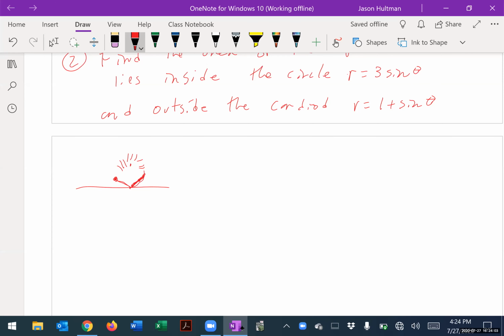So this is a circle. Oops. Circle. There we go. Okay, and then this is going to be my cardioid. There we go.